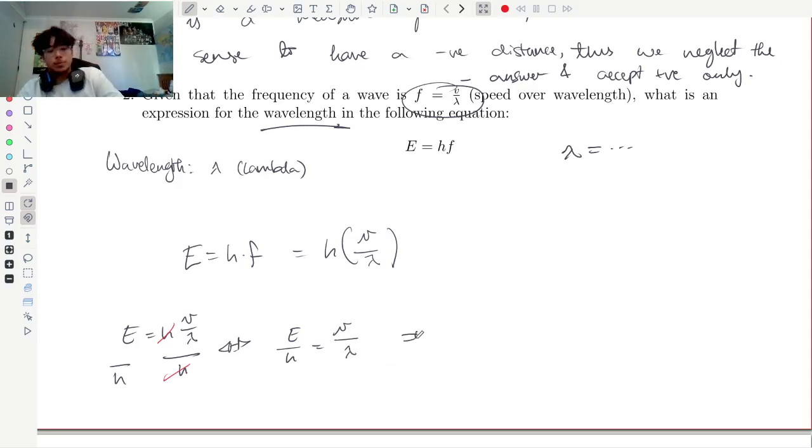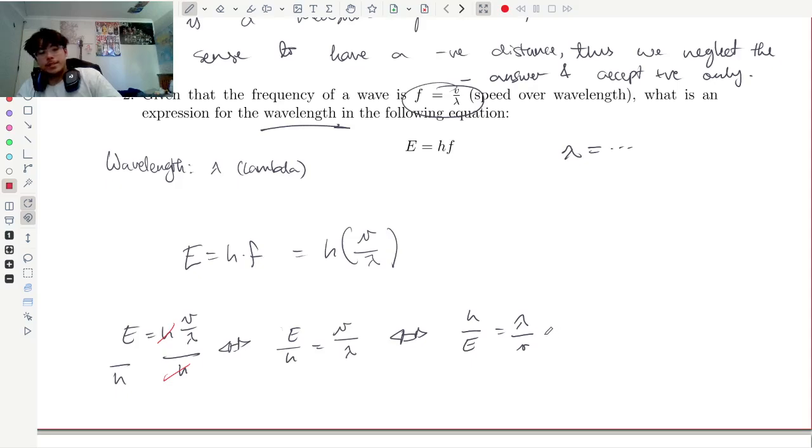And then again, I'm going to flip both of the fractions here. Now I don't actually need to write the brackets minus 1, because it's not really necessary. So I can just flip them like this, as long as I do it to both sides, it's okay.